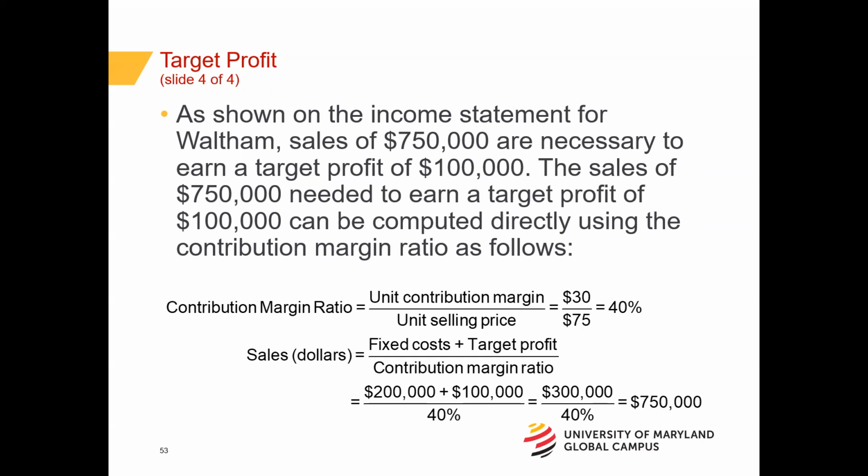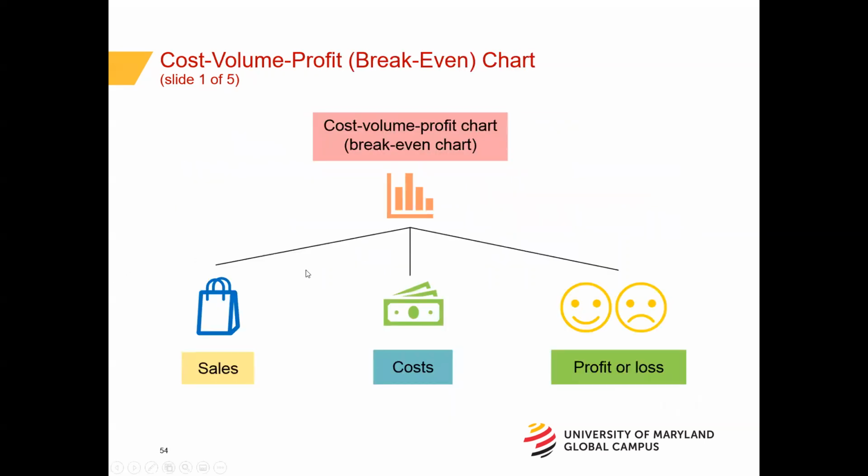In our example, fixed cost 200,000, target profit 100,000, that's 300,000. Divided by 40% equals $750,000. Yay! Cool, right? Oh, I know you guys love this stuff almost as much as I do.